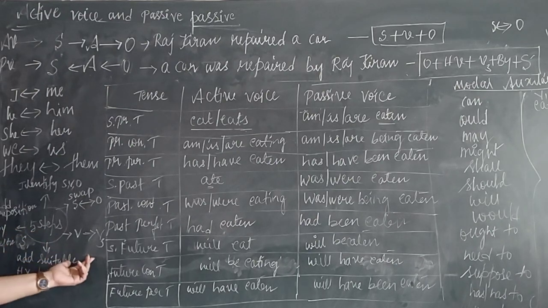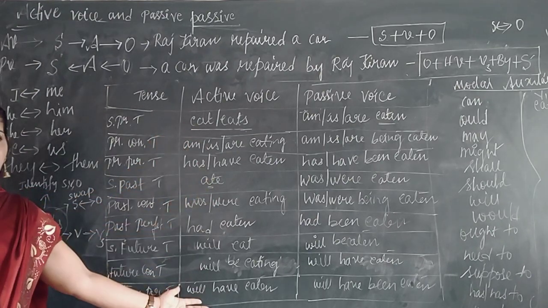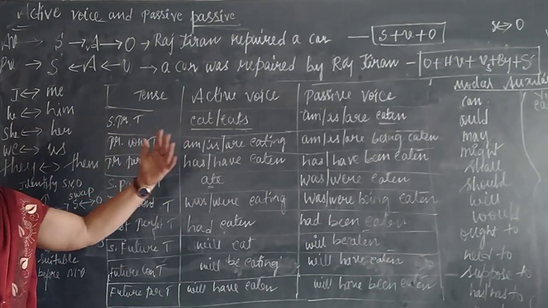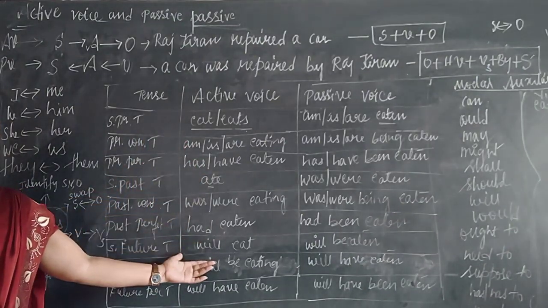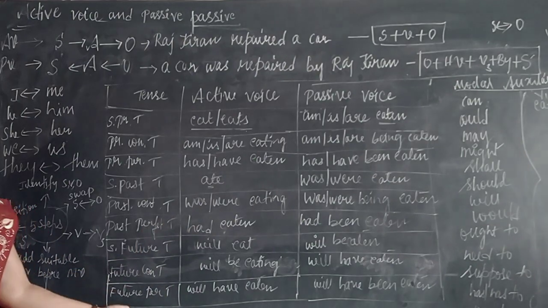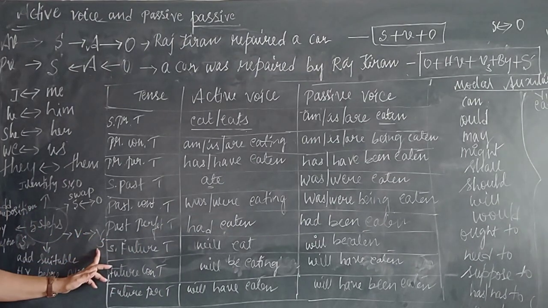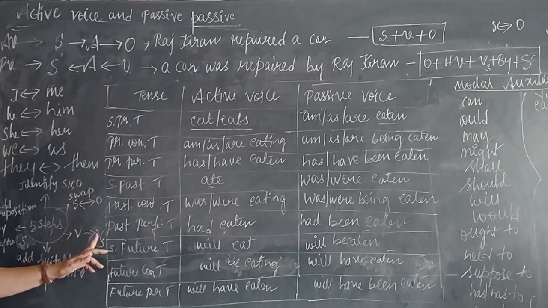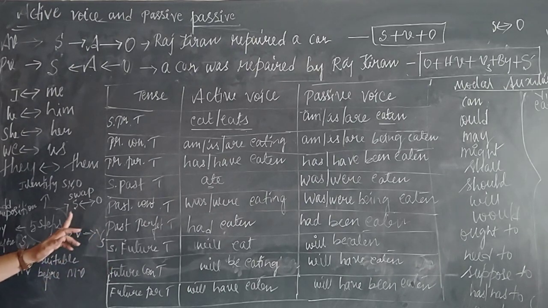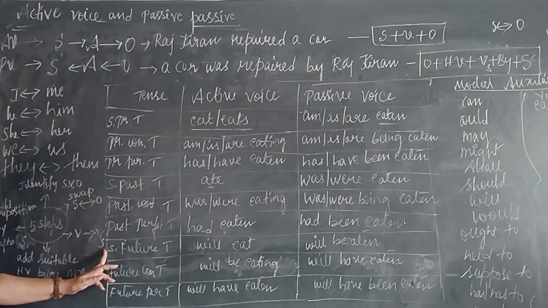So in active voice you may have any form of a verb. You may have a present tense form or past tense form or ing form or past participle, whatever it may be. In passive voice you have to take the past participle form of the verb, that is the V3 form of the verb. So convert the given verb into past participle.